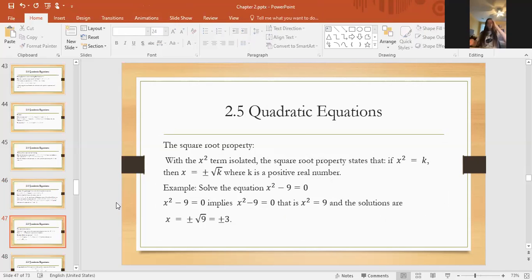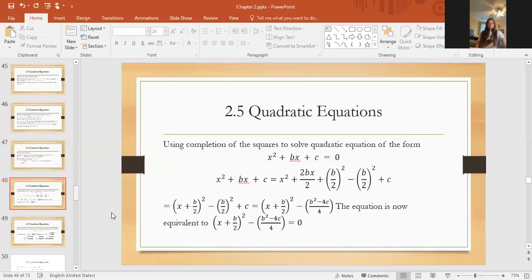So sometimes we may just have a quadratic expression that could be expressed as x squared equals a number k. For example, here we have x squared minus 9 equals 0. In that case, we say x equals plus or minus the square root of k is the solution. In our case, the two solutions are 3 and minus 3.